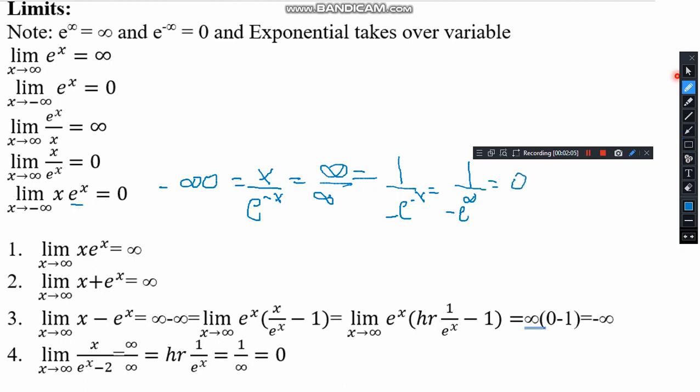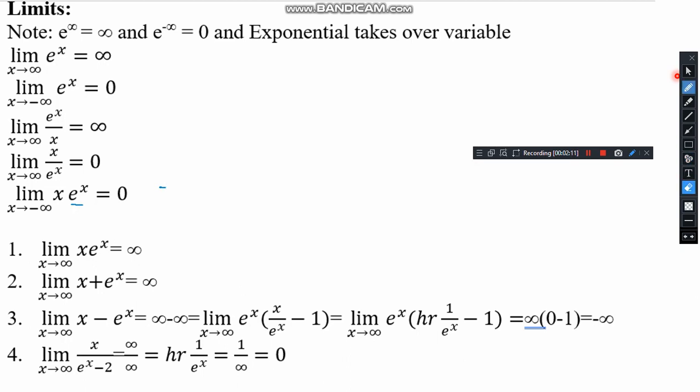So instead of doing all of that process, no need. Exponential is stronger than the variable, so the exponential takes over the variable. So minus infinity times 0 is 0.